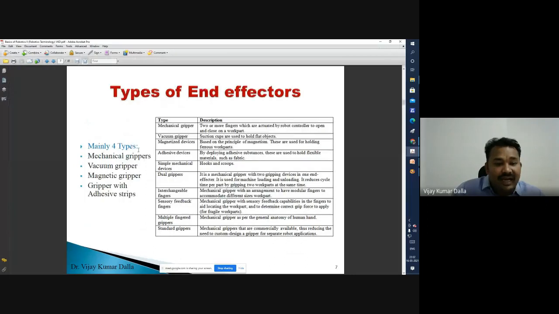Mainly, there are four types of hand effectors. First one, mechanical grippers. Second, vacuum gripper. Third, a magnetic gripper. Fourth, gripper with adhesive strips. This table represents the various types and a little bit of description about them.